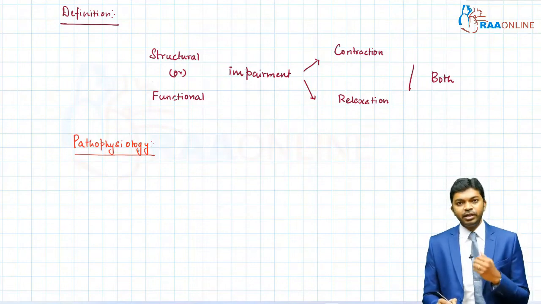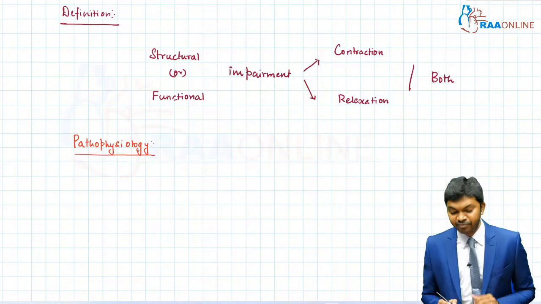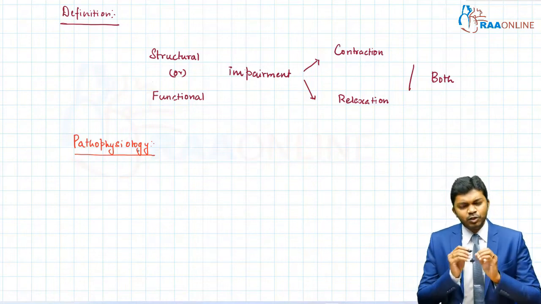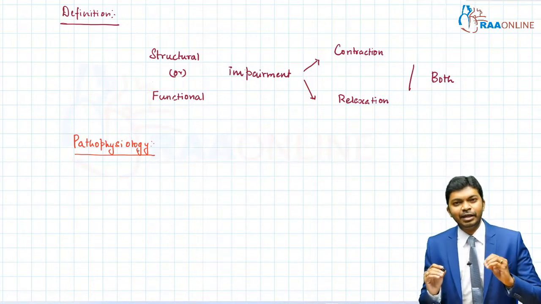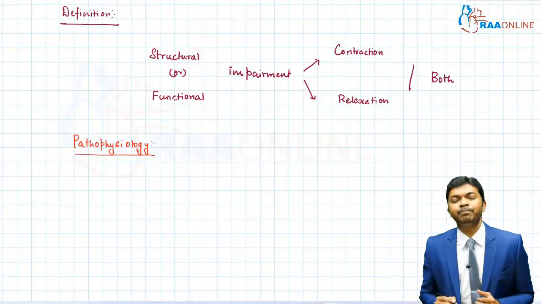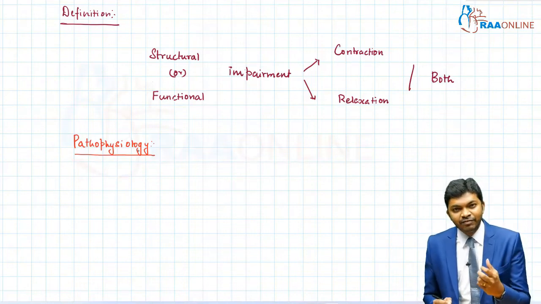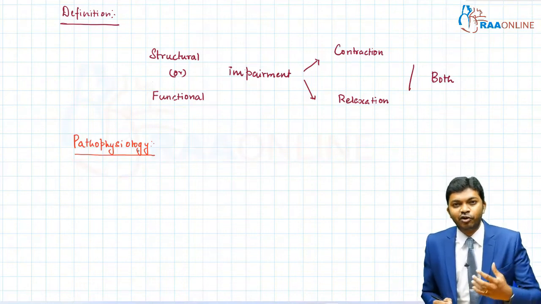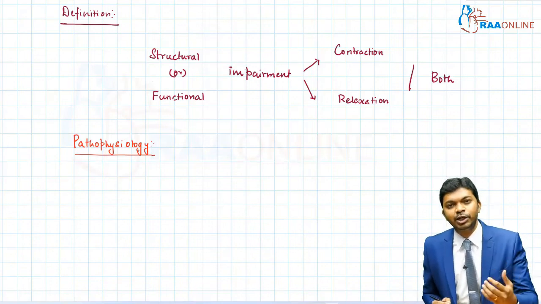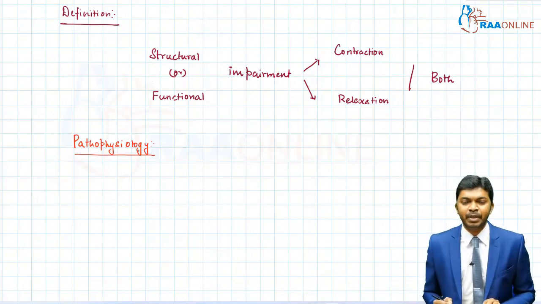Alright, when it comes to the pathophysiology of cardiac failure, first thing first, there is always an event called the index event, and that index event is the triggering factor for a normal heart to turn into a failed heart. Got it?